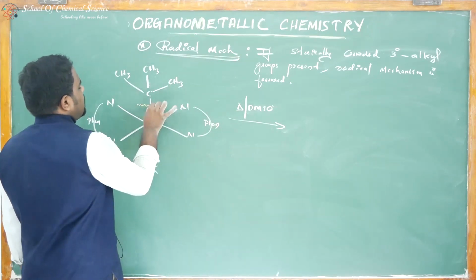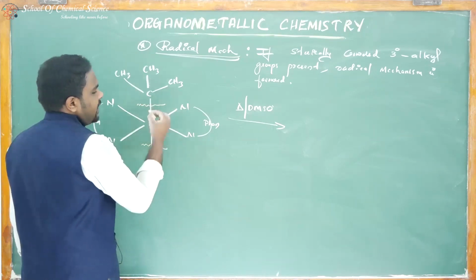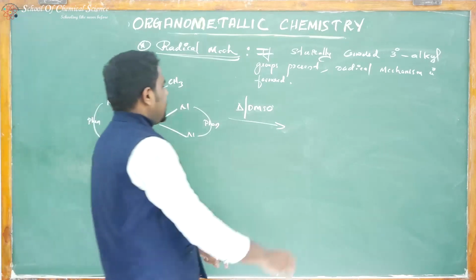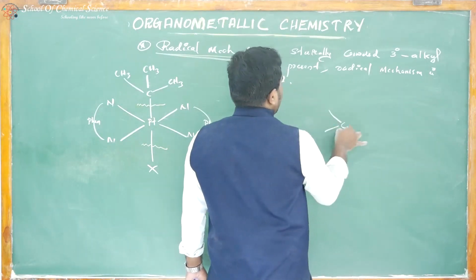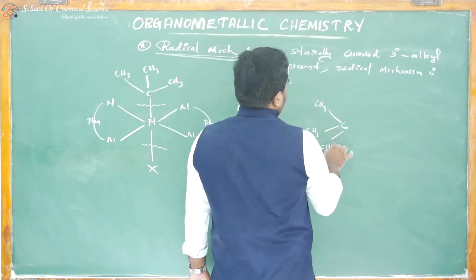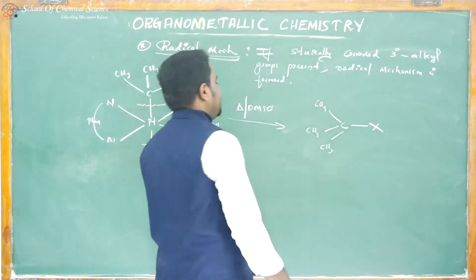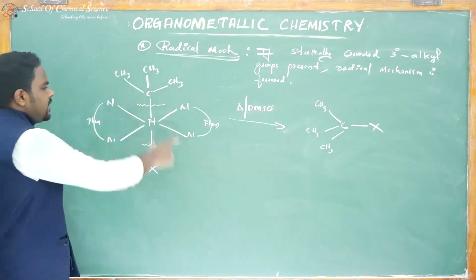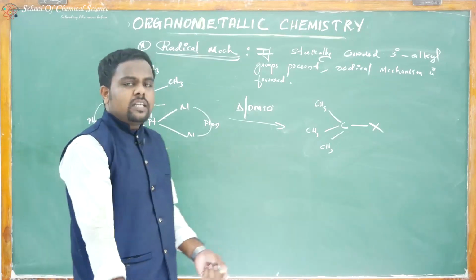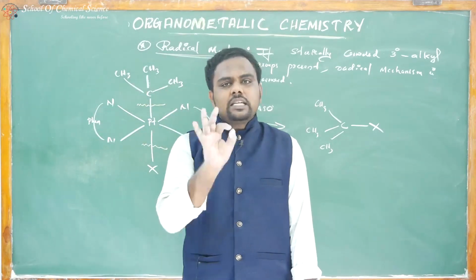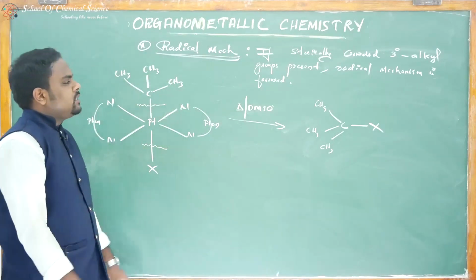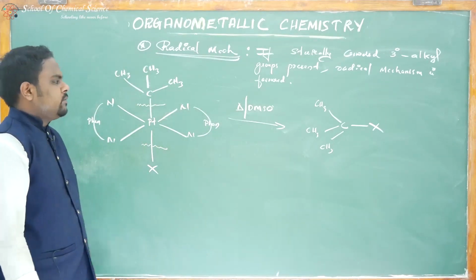That means both these bonds undergo homolytic cleavage, and a radical pathway is followed, so that your final product will be tertiary butyl halide, (CH3)3CX. Okay, so of the three mechanisms, in 99% of cases the concerted mechanism is followed. So these are the mechanisms of reductive elimination reactions.